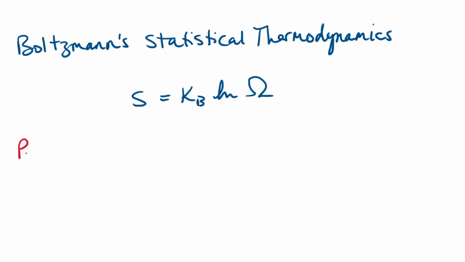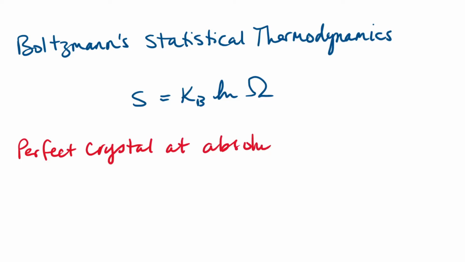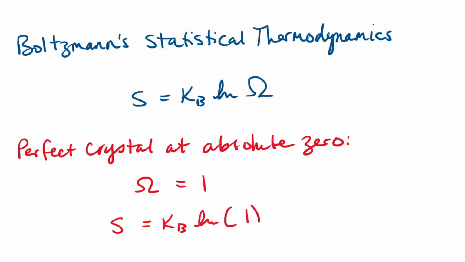At absolute 0, there's no thermal motion. And while the molecules do take up some volume, the volume will still be as small as possible. So if we can imagine a perfect crystal, one in which all the atoms are the same, and the crystal they form is perfectly repeating in all dimensions, then there's only one way to arrange such a perfect crystal, and S equals Boltzmann's constant ln omega, where omega equals 1, means that the entropy is equal to 0 joules per Kelvin.